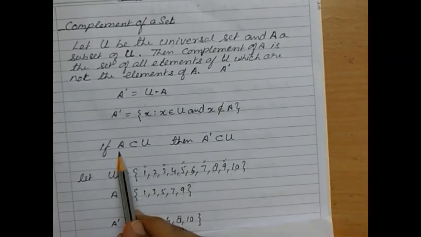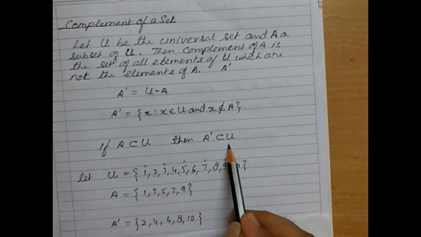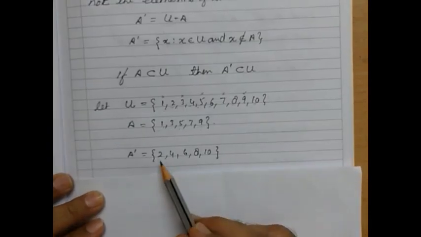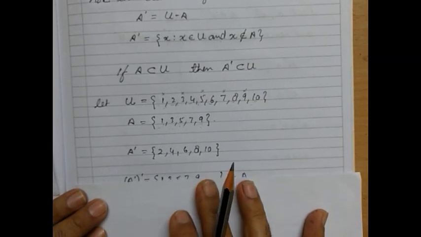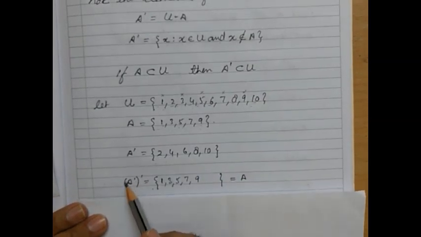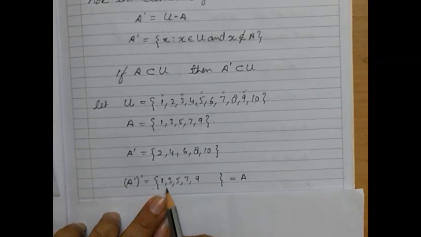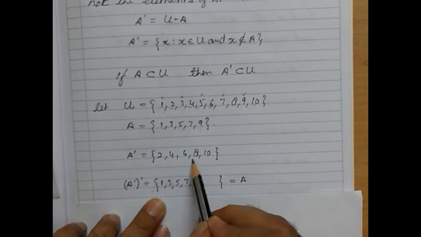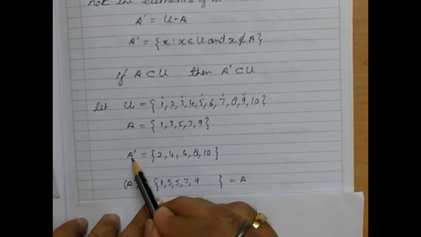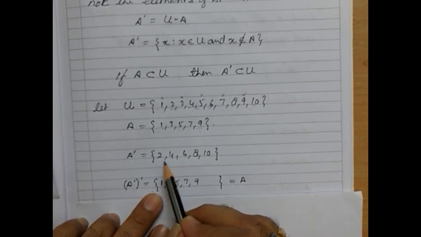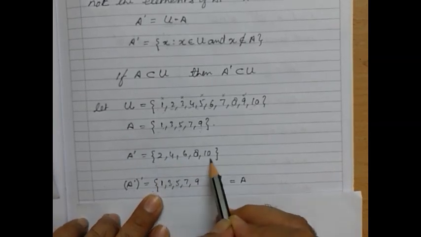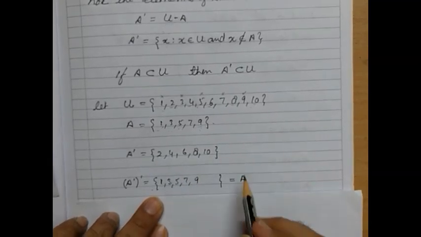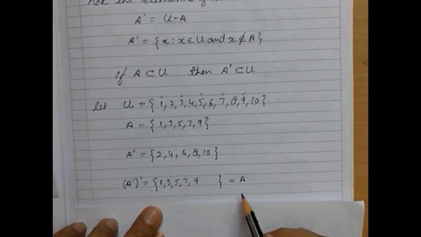If A is a subset of the universal set, then A complement is also a subset of the universal set. If we take the complement of a complement, what will we get? A complement is 2, 4, 6, 8, and if we take the complement of this complement, that means the elements which are not present here, so this will be 1, 3, 5, 7, 9. Ultimately it will be equal to set A, isn't it?